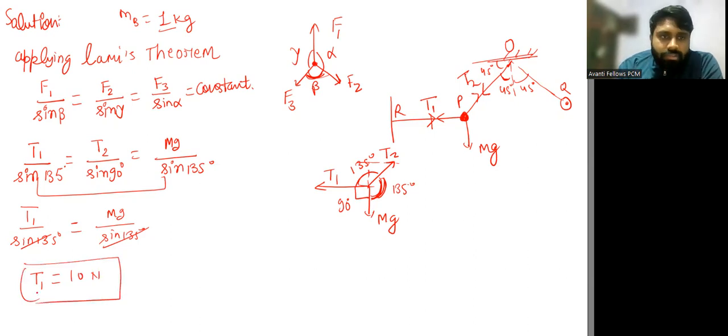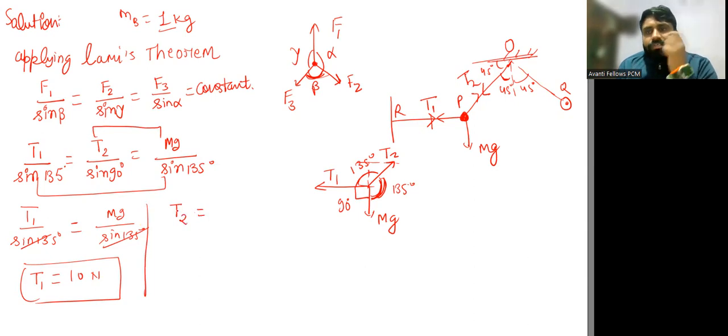Now T2, the same procedure you will follow. Take this and this pair. So T2 is equal to mg upon sine 135, because sine 90 will become 1.